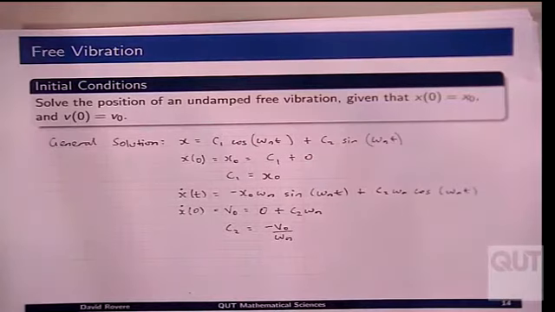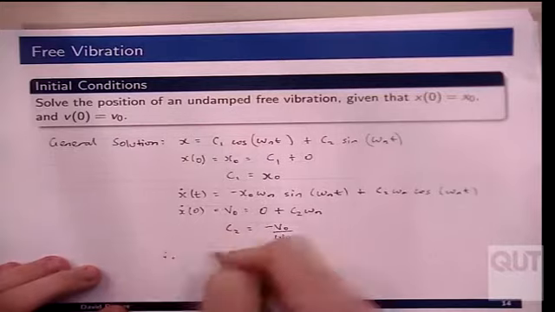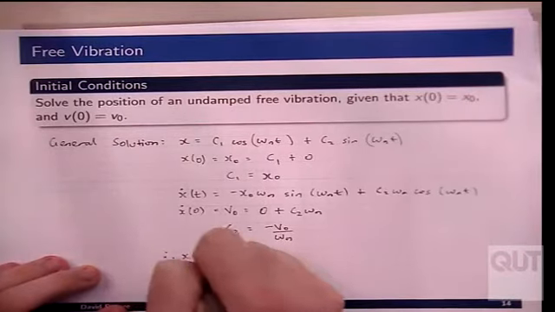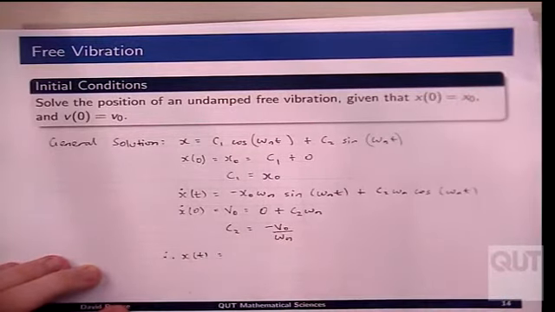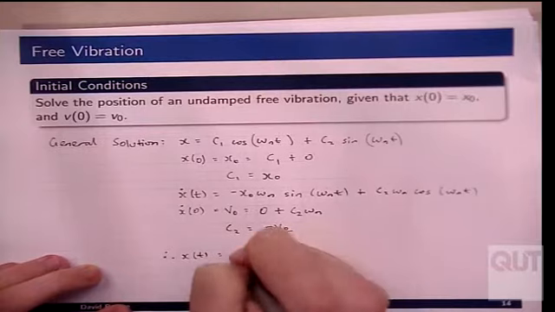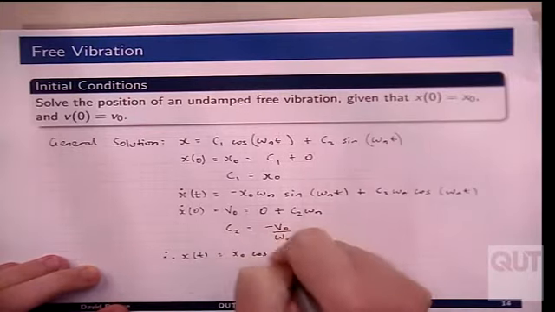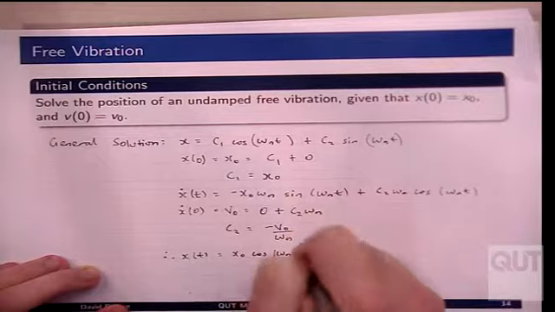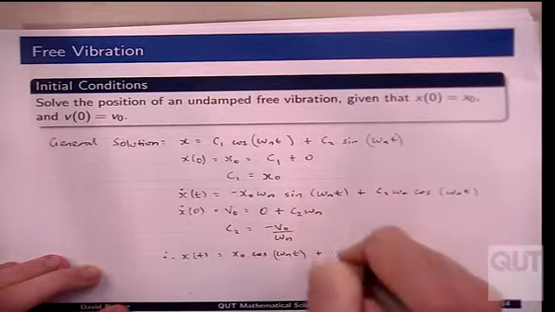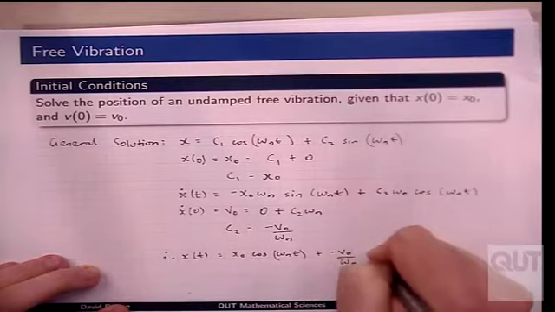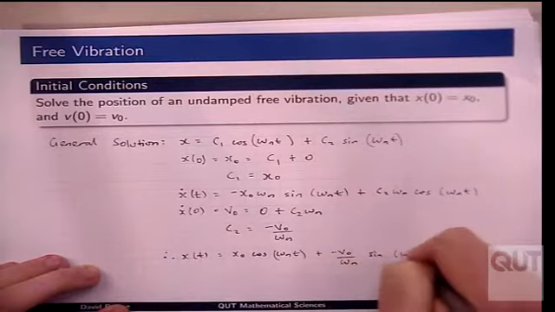Right? So now we have our specific solution. X of t is x naught cos omega n t plus negative v naught on omega n sine omega n t.